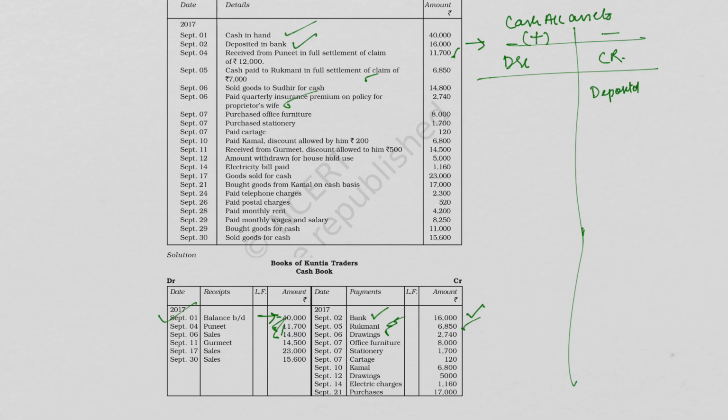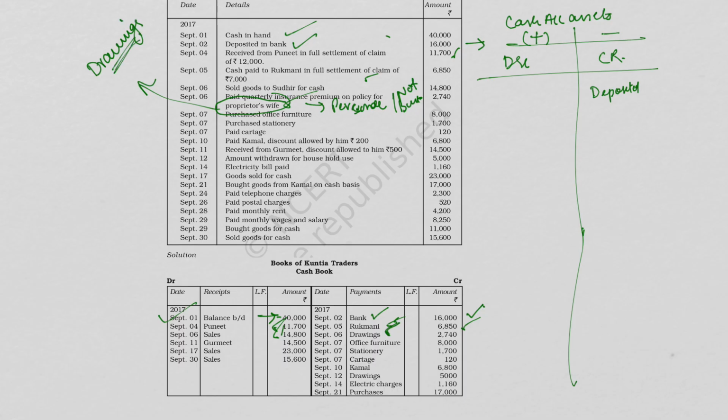This we have to remember: it is for the proprietor's wife, so this is a personal expense of the proprietor. It is not a business expense. Whenever cash is withdrawn for personal use, it is drawings, a reduction in capital.